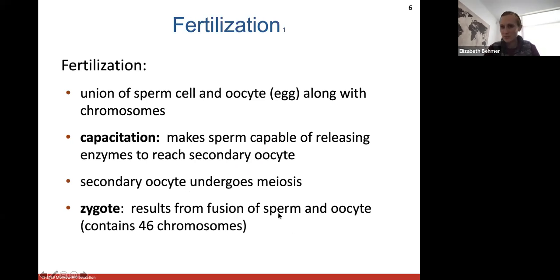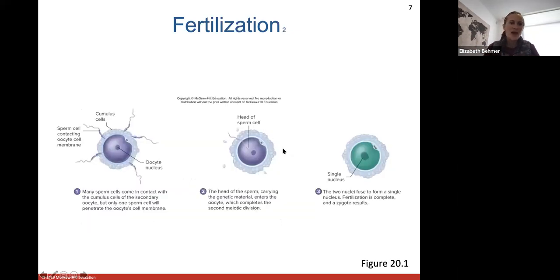Remember that the sperm cell and the egg cell each only contain 23 chromosomes. So during fertilization, when they unite, they form a complete set of chromosomes, and that's what we call the zygote.